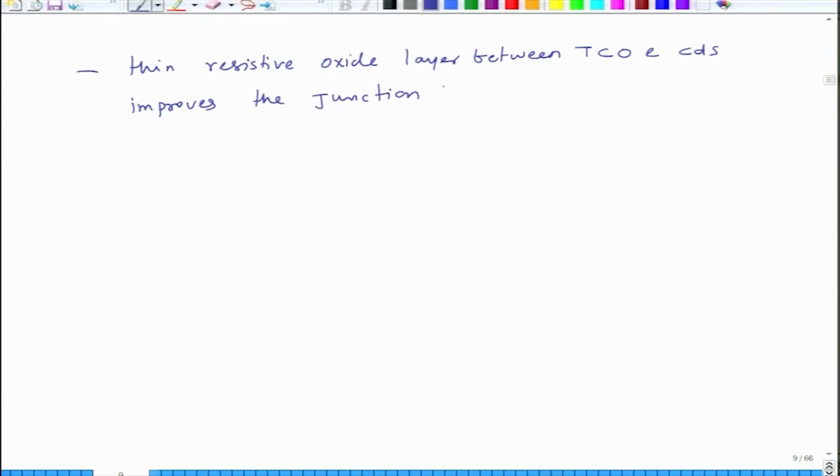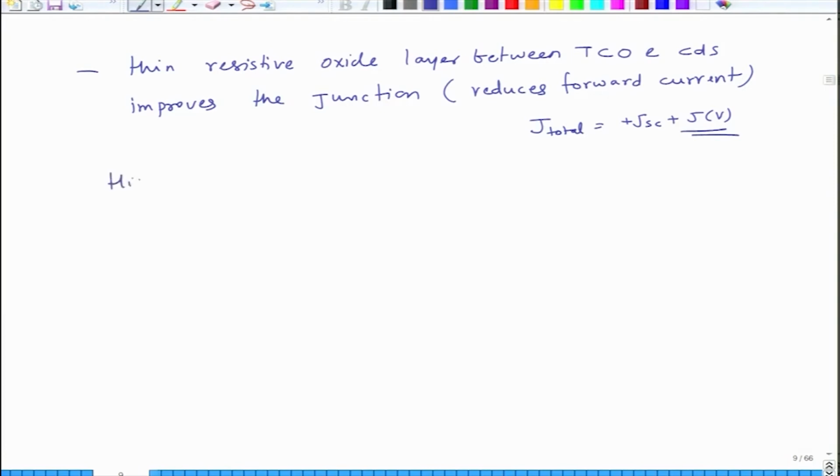Basically, it reduces the forward current, okay, because you know your J total is minus JSC plus JV. So it keeps the JV under check, keeps the JV a little lower.